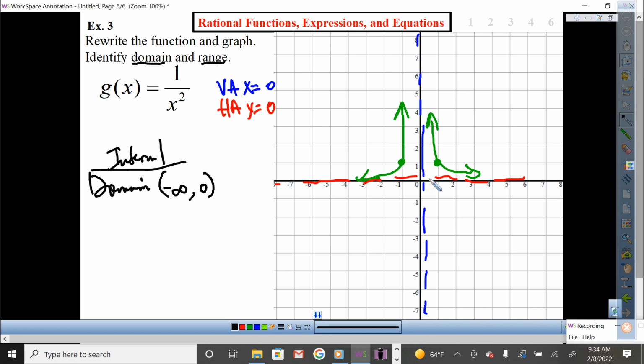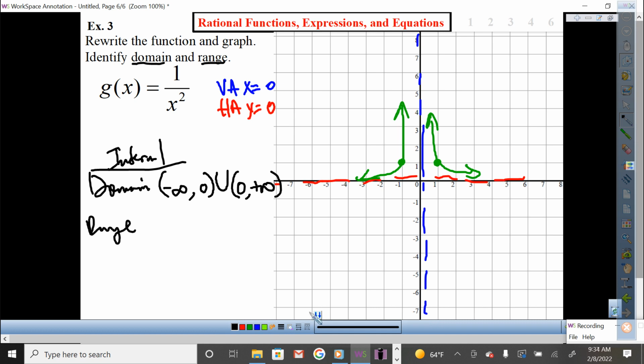Okay. Am I done though? Let's jump over that and then what? Continue with what? 0 to what? Positive infinity. Now check this out. That is true, what we just wrote, but in order to say that they're both together, we put a U in between, meaning union of those two. That's the domain. Let's do the range. From the bottom to the top.